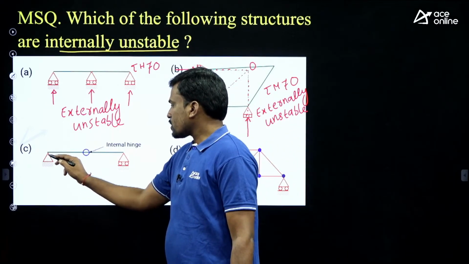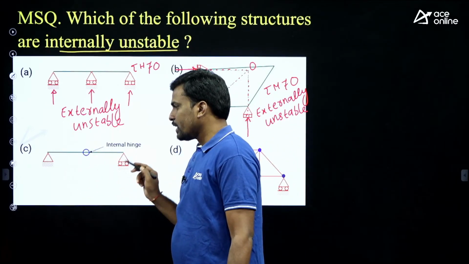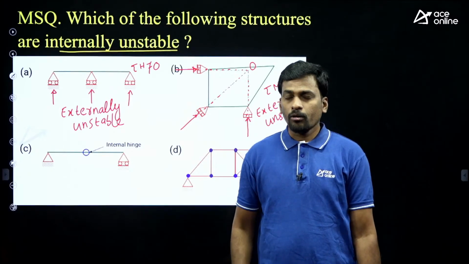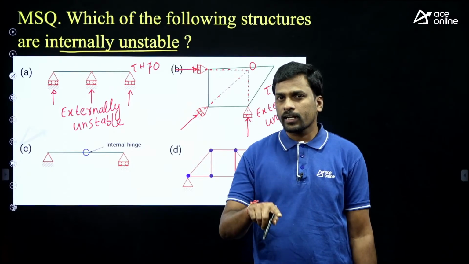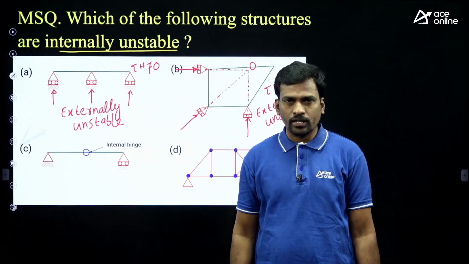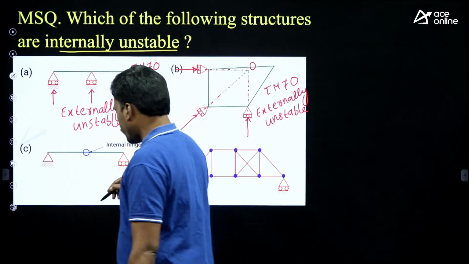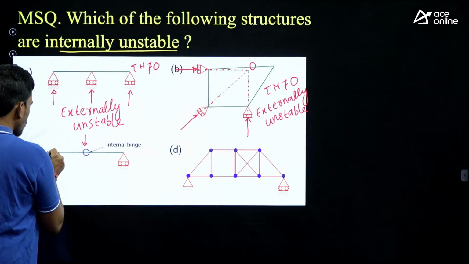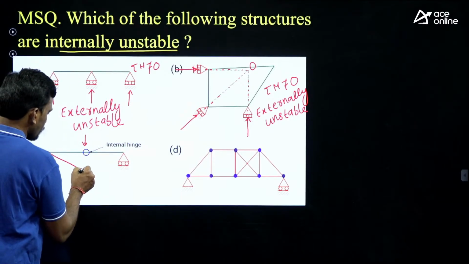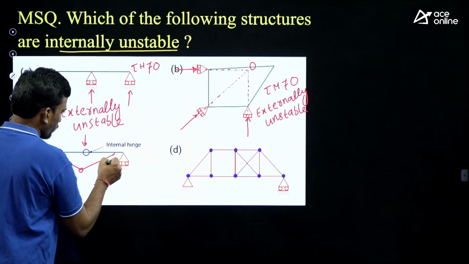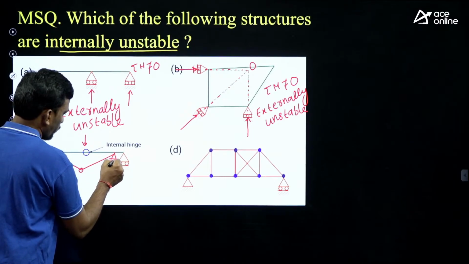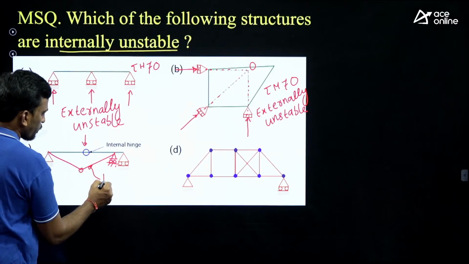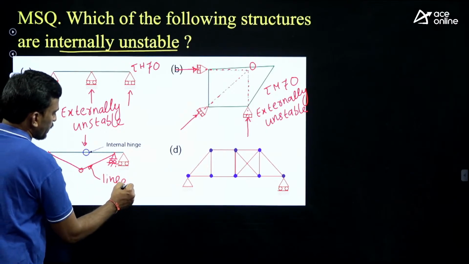Students, this is a simply supported beam with an internal hinge, right? A simply supported beam is a stable structure, but a simply supported beam with an internal hinge is an unstable structure, right? Now if we apply the load, it will deflect like this, right? So what is the variation of the deflected profile here? Linear.